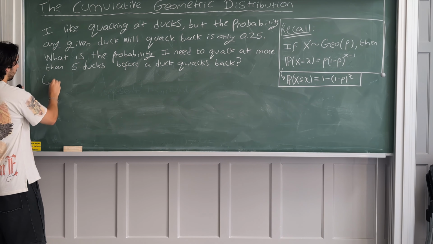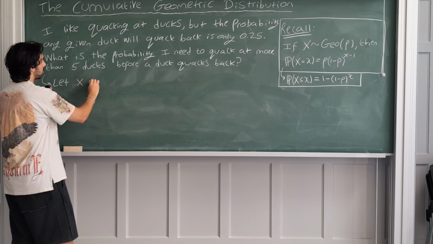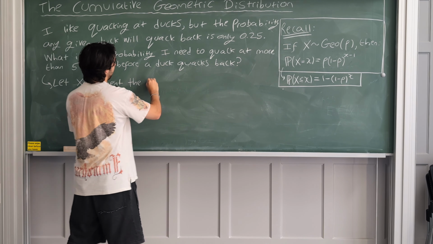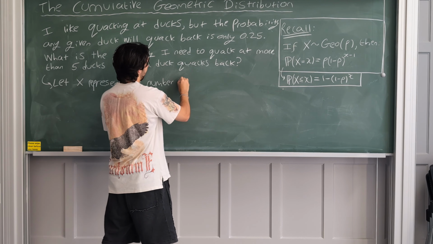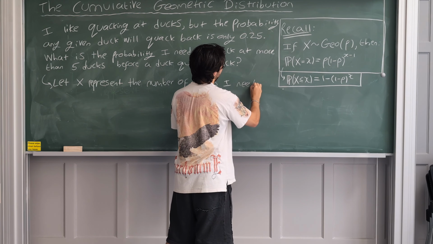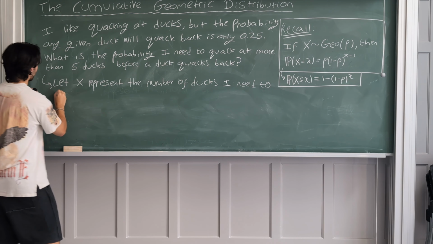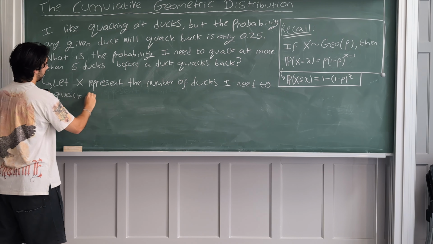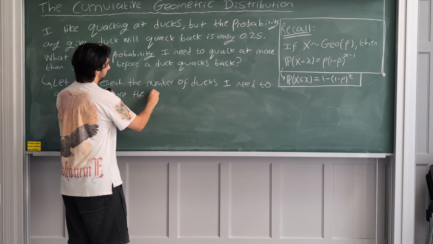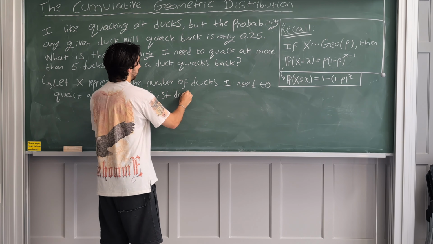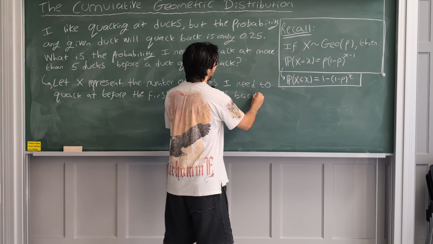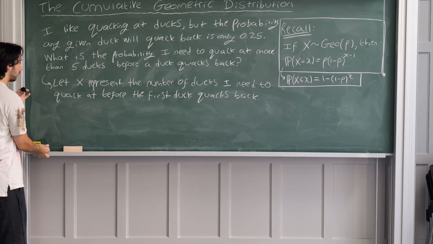So I'm going to say, let x represent the number of ducks I need to quack at before the first duck quacks back. Okay, that's what we need to define our random variable to actually be.